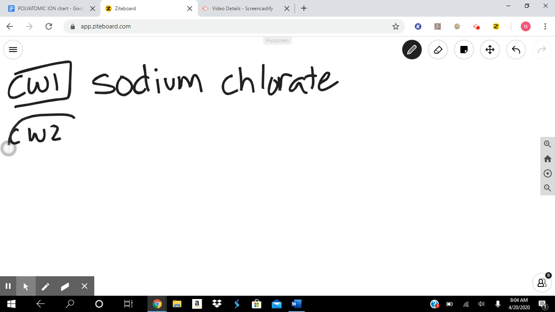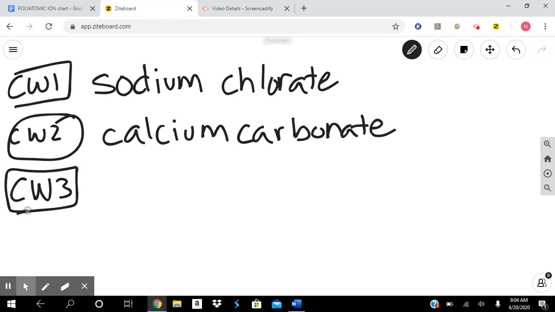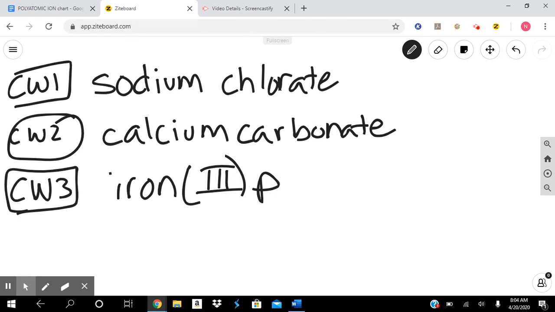Classwork 2. Calcium carbonate. Classwork 3. Iron 3 phosphate.